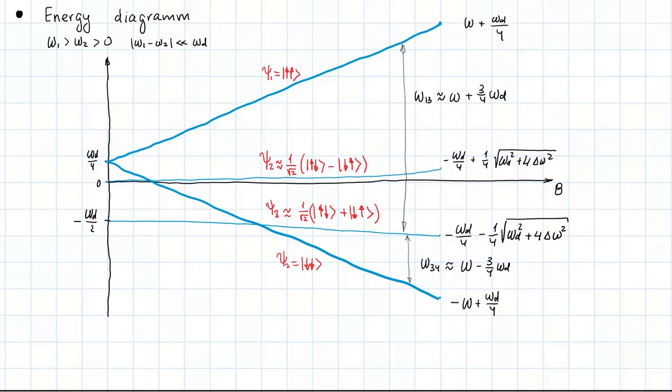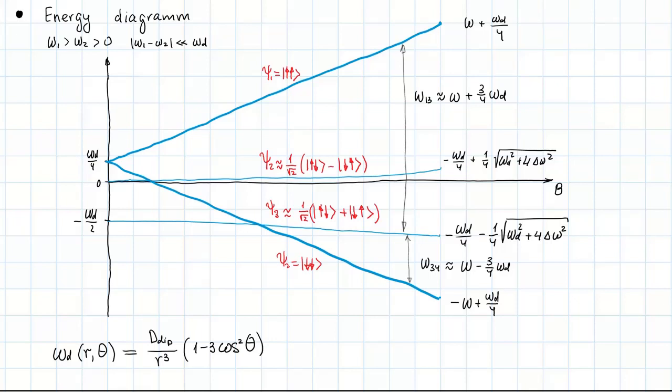As I already explained, these two transitions are responsible for two spectral lines with the frequency omega plus minus 3/4 omega d. It is important to mention that the frequency omega d in our system depends on distance r and angle theta and is given by the formula d divided by r cubed multiplied by 1 minus 3 cosine squared theta.